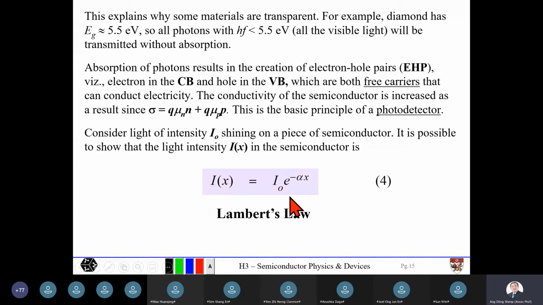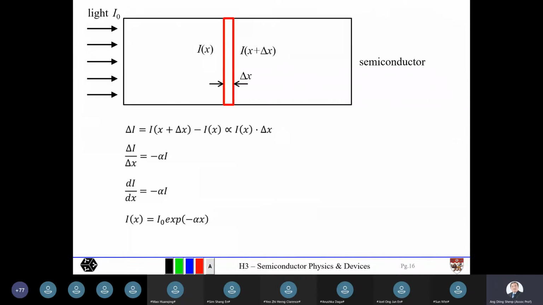Now, Lambert's law can be derived based on a very simple argument, which I will present on the next slide. Let's say this is a piece of semiconductor we are interested in. Light of initial intensity is coming in on one side here. Assuming the photon energy is bigger than the band gap, the photons will be absorbed.